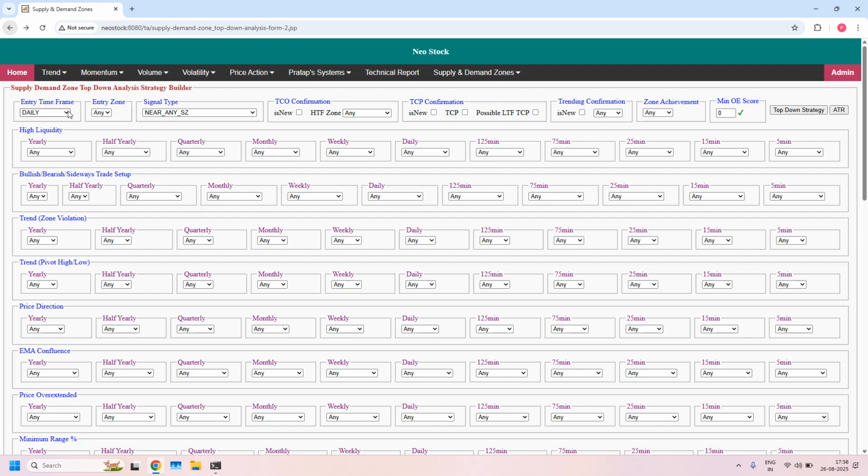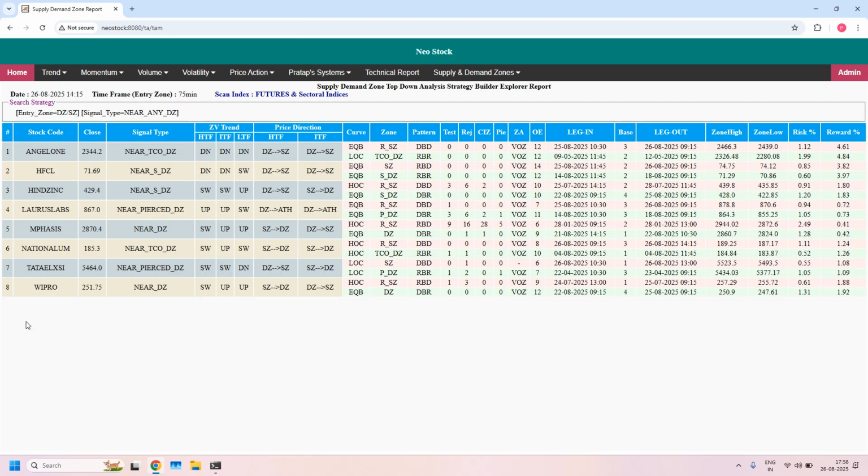Next time frame is 75 minutes. Stocks near to the 75 minutes demand zone. We got 8 stocks. Let us identify 75 minutes high liquidity demand zones from this list. HFCL is having a 75 minutes high liquidity demand zone. Hindustan Zinc is having a 75 minutes high liquidity demand zone.